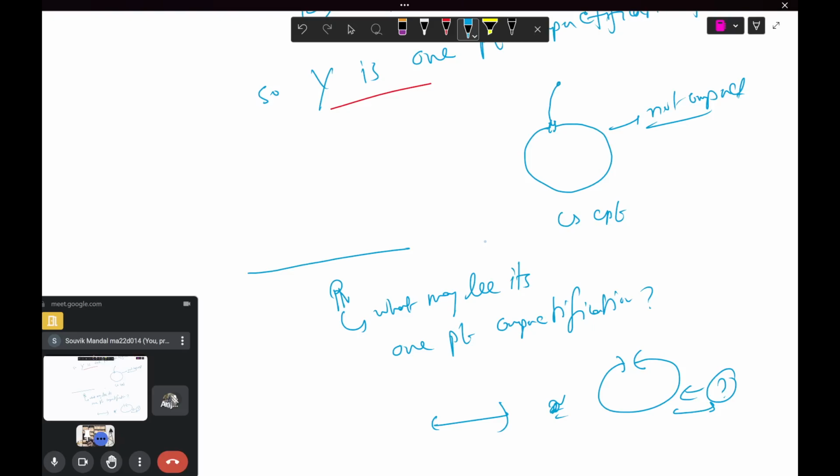Sir, R can be written as a union of open intervals.